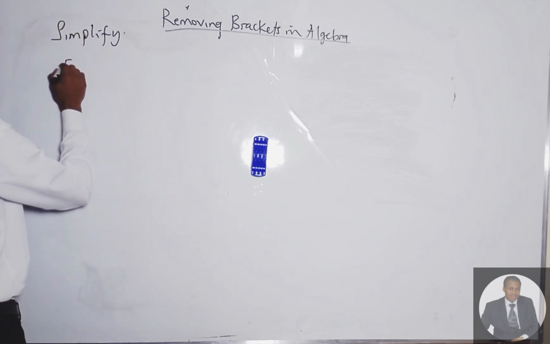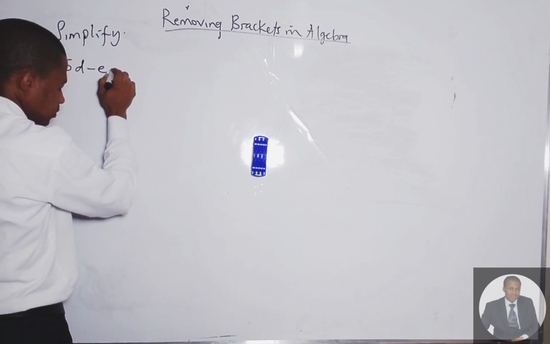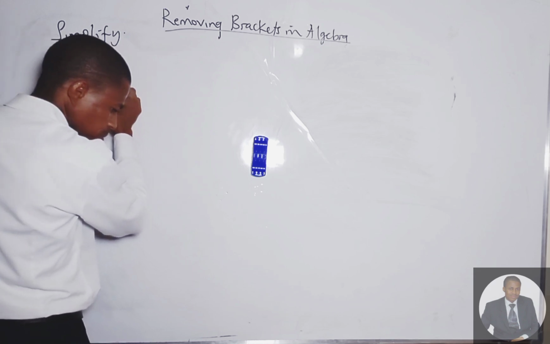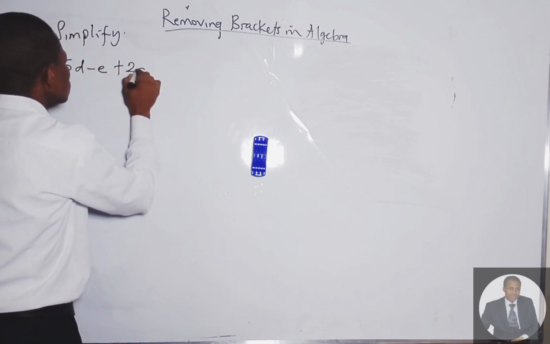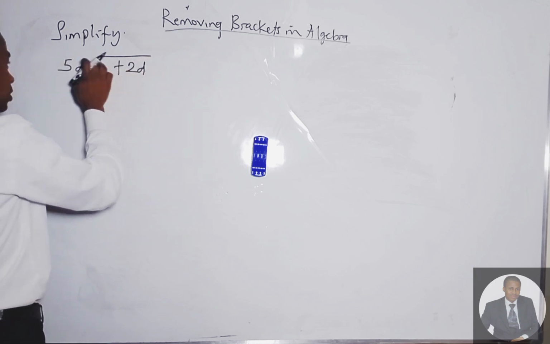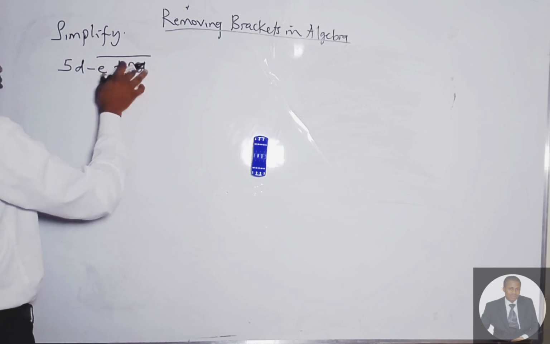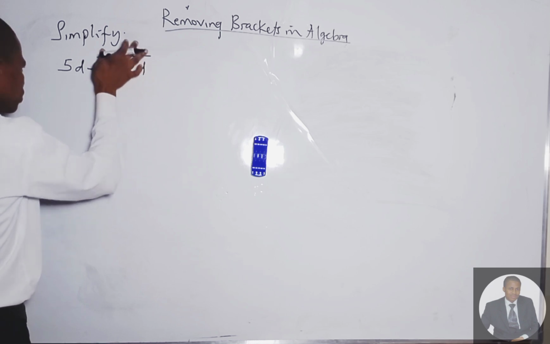Another question on bar, we have 5d minus e plus 2d, and then there's a bar on top. When there's a bar on top, the bar just signifies that there's a bracket affecting the numbers below the bar.